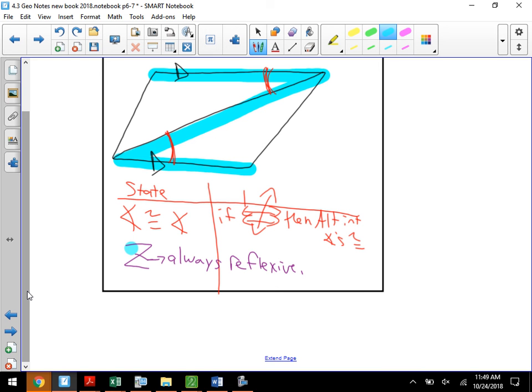So it might not be a bad idea to remind yourselves that you have reflexive at that spot. By looking at that diagram, you'll be able to pick out a couple of things. Okay? All I'm saying is I'm putting a little reminder, so that you remember that this part here, use reflexive property.